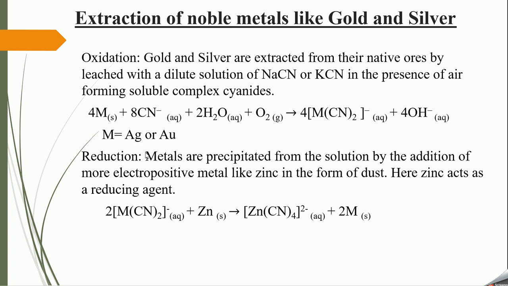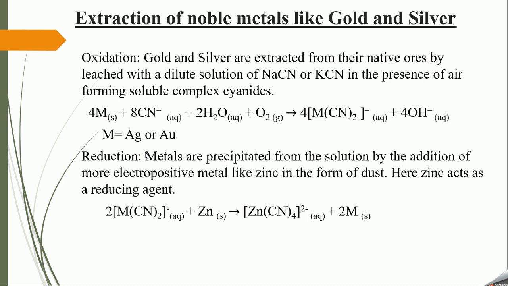So in this session, you all studied extraction of copper from copper oxide, that is extraction of copper from copper pyrite ore. The ore is subjected to blast furnace and finally bessemerization. After that you will get blister copper. Then you studied what is copper matte.